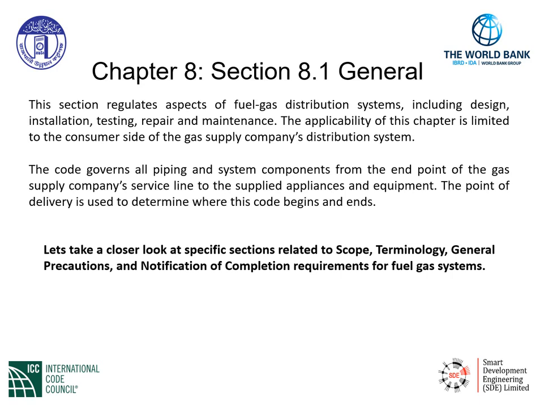This section regulates aspects of fuel gas distribution systems, including the design, installation, testing, repair, and maintenance. The applicability of this chapter is limited to the customer's side or the consumer side of the gas supply company's distribution system. It does not cover any utility, any company's distribution.